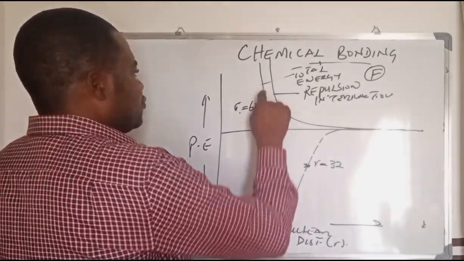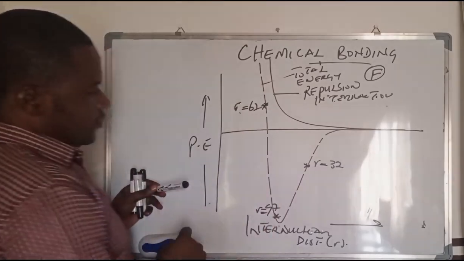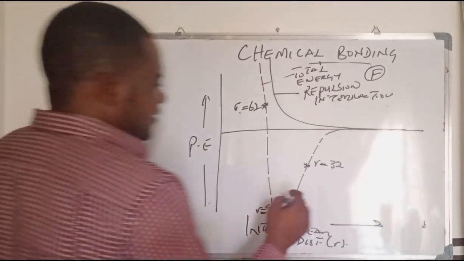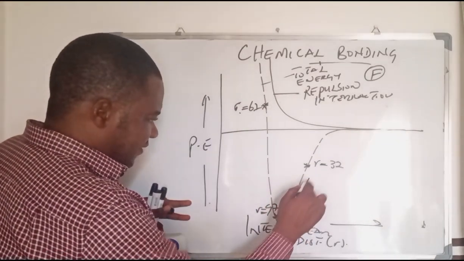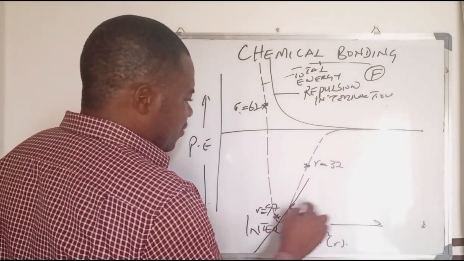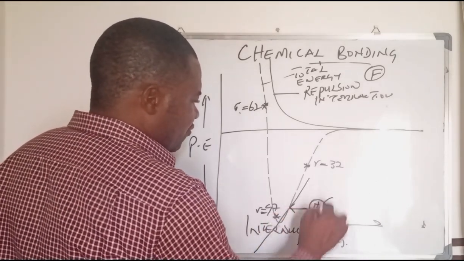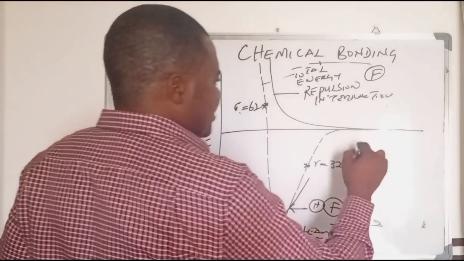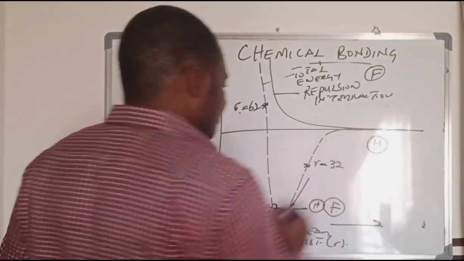It gives you a clearer picture of what we're talking about. Now at this point here, if we choose to do a tangent across, you'll see that at this point here is where we have the reaction of hydrogen fluoride, and at this point here we could also have hydrogen.